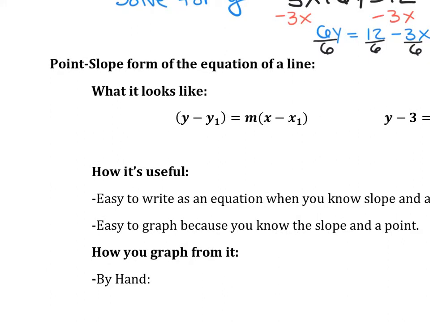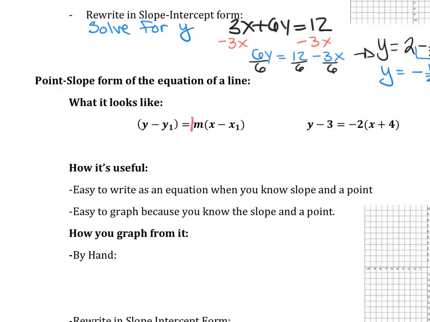So this is where you just have any point that's on a line and the slope. So here, the m is still representing your slope. But then we have this x1 and this y1 term. This is representing a point on your line, where it has an x value of x1 and a y value of y1.